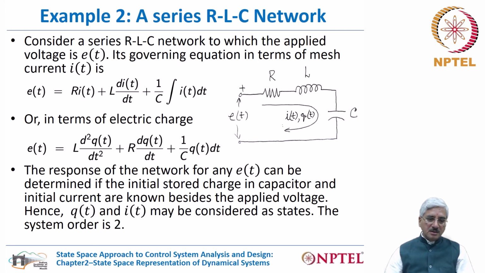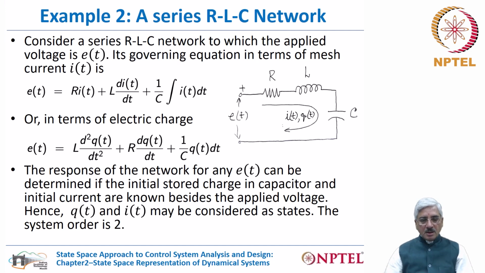this equation: e(t) equal to R i(t) plus L di/dt plus 1 by C integral of i(t) dt. Some of the terms in this are derivative, some other term is integral, and one term is simple R times i(t).